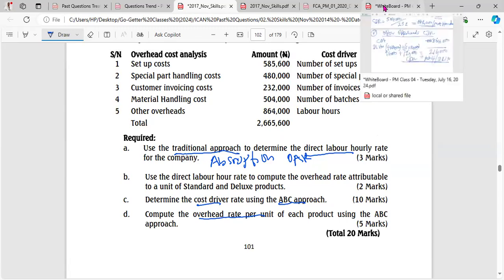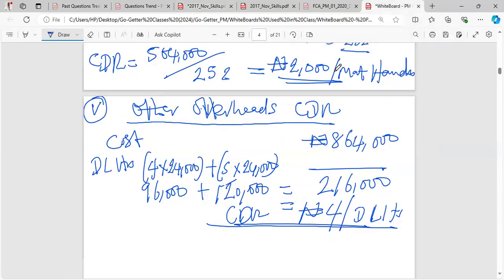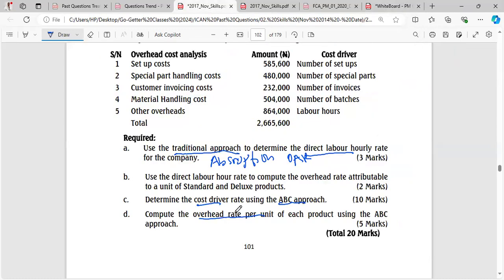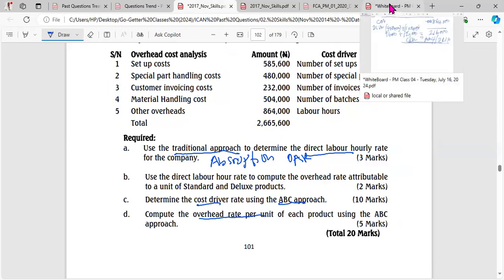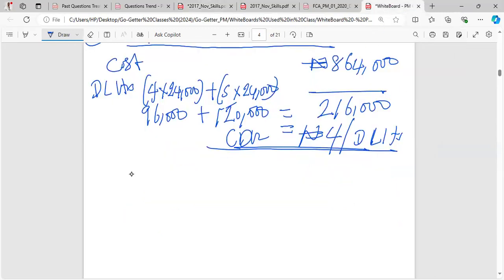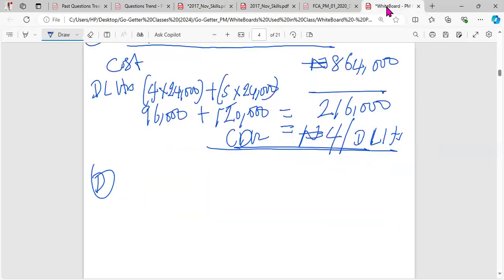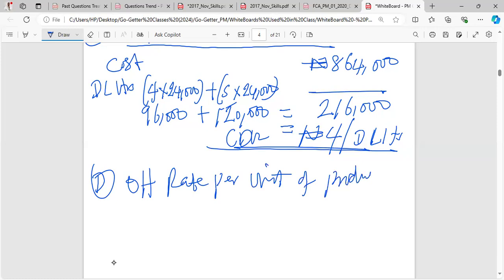So we are asked to look for overhead rates for each product. So we will now come here and say this is the D part. Yes, the D part. I will say this is overhead rate per unit of product.